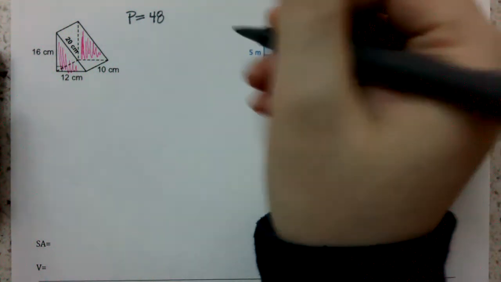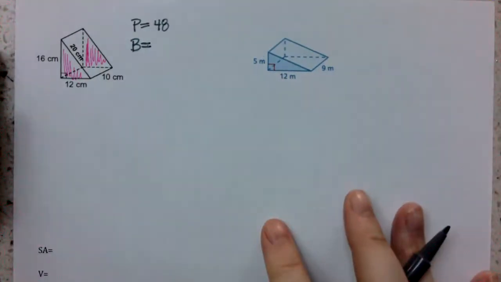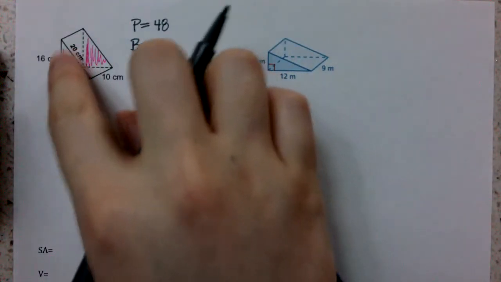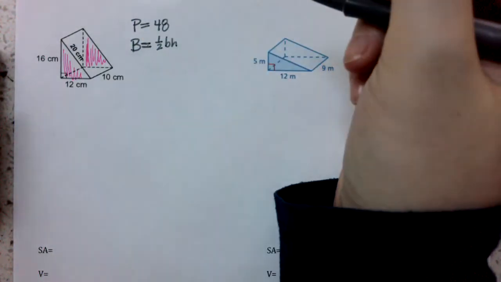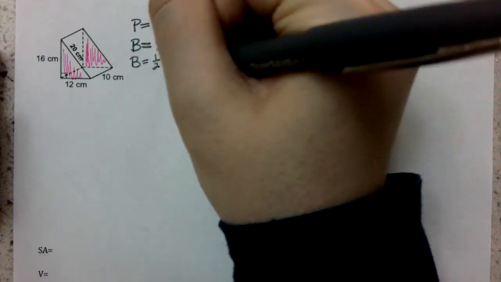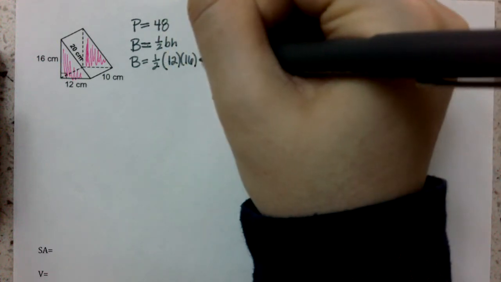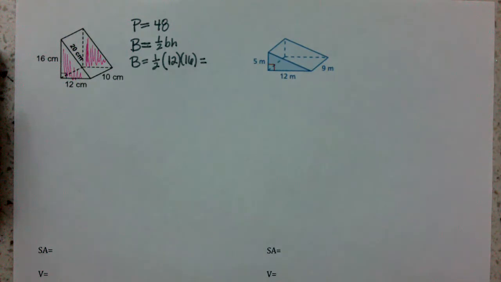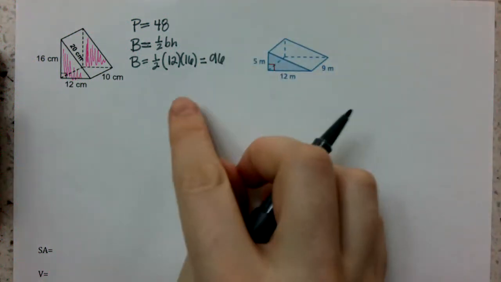Then I want to find the area of the base, so capital B. And this one is a triangle, so we're going to have to do 1/2 base times height. So 1/2 of 12 times 16, which gives me 96.